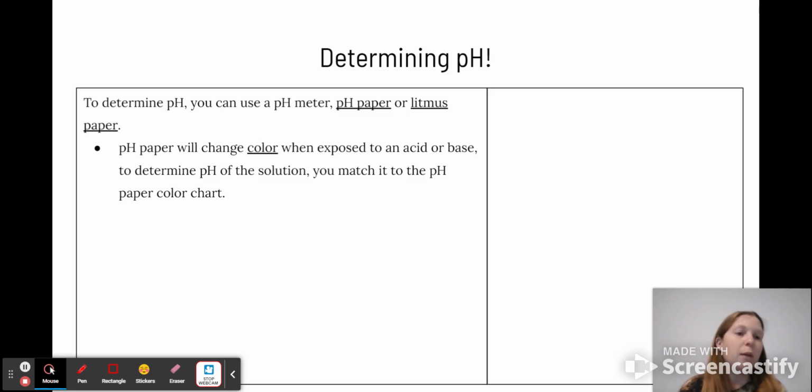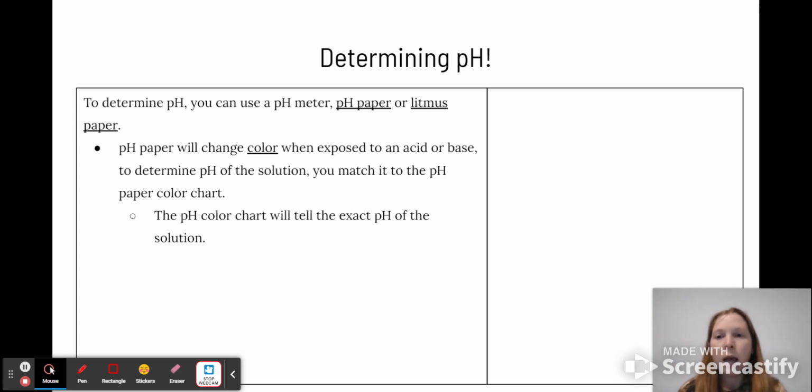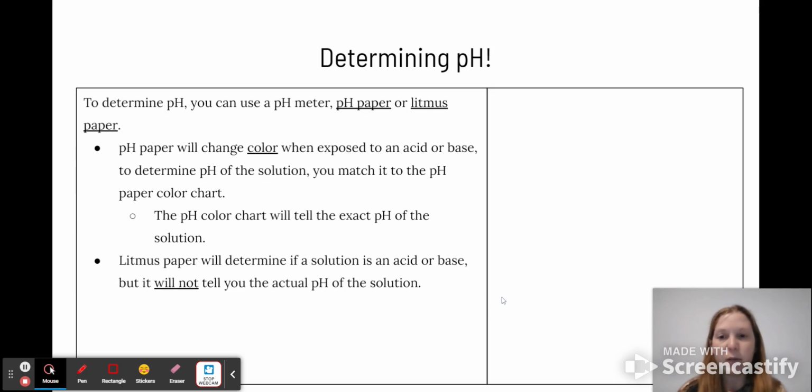A lighter blue would be a pH of like 10 to 11. And then a really red pink color would be a low pH. And the closer you get to orange, the higher or the less acidic that solution will be. And then usually green is neutral. The pH color chart will tell you the exact pH that you're looking for, so it will break it down even more specifically.